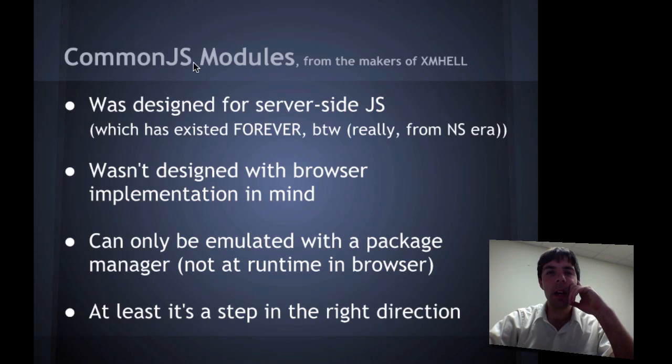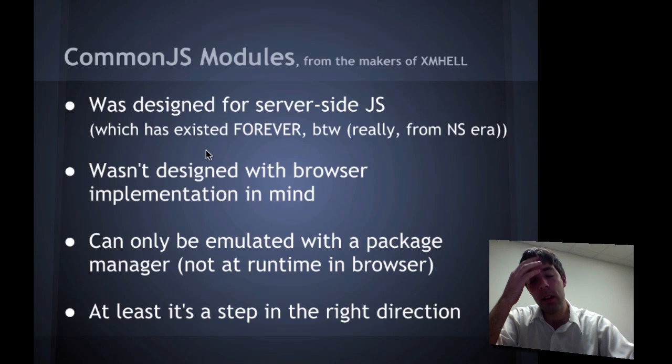And CommonJS was kind of like, well, how do we define JavaScript on the server side? But they didn't consider the browser side. And I don't know what they were smoking or drinking, but the way they implemented CommonJS, there's no way to fudge it in the browser at runtime. Like with ES5, almost everything that's been added to the browser in ES5 you can fudge by extending the prototype of something or writing a new function.